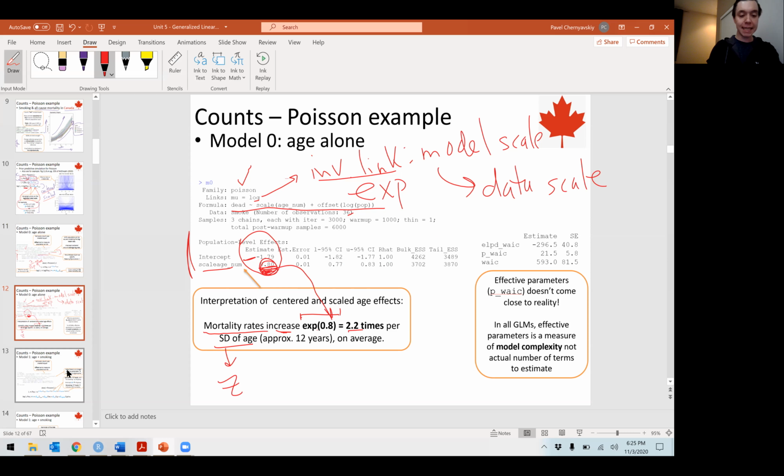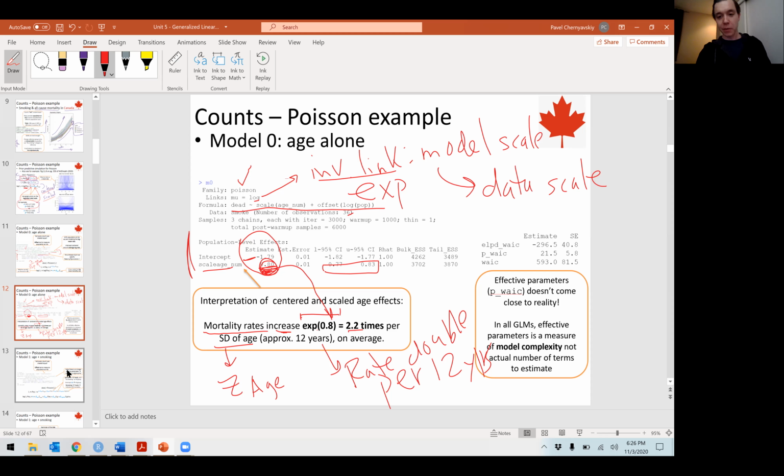Because I have a z of age in the model. The standard deviation of age for this data set is about 12 years. So what are we saying? Mortality rates about double per about 12 years. Right? So rates double every 12 years. And of course, as expected, a very significant result. 0 is nowhere inside the credible interval. Age is a super important predictor of mortality.